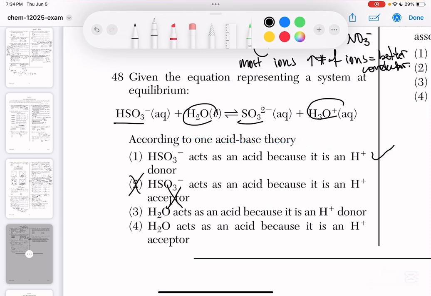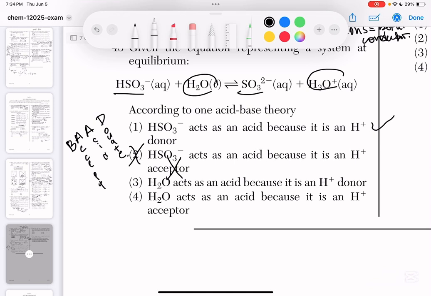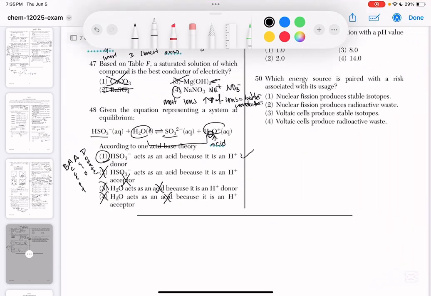Remember, bases accept, acids donate. So the second statement is not true. And then H2O in here acts as a base, actually, so these are not true. Because this one has the additional H, the hydronium would act as the acid in this case, the conjugate acid of water. So the first statement is true.